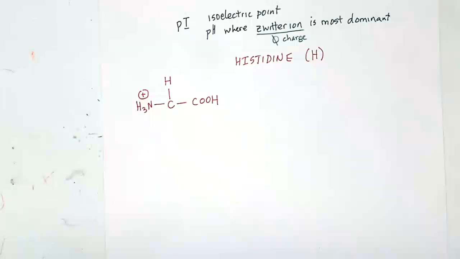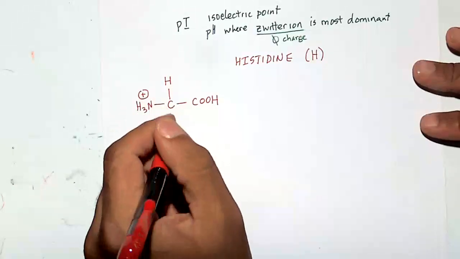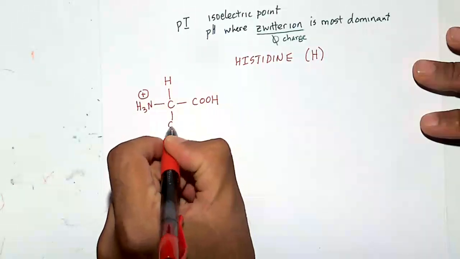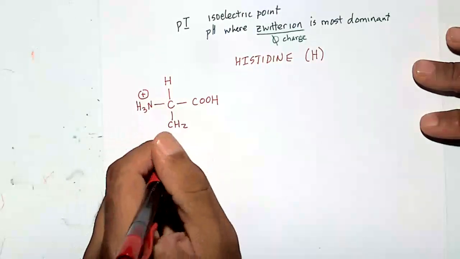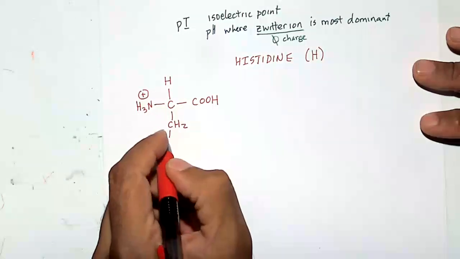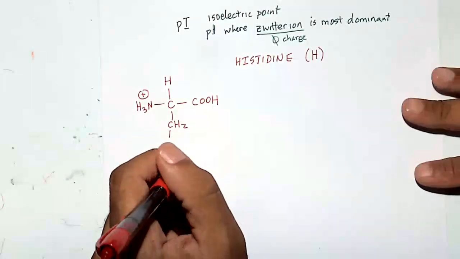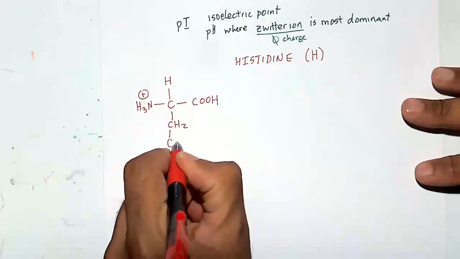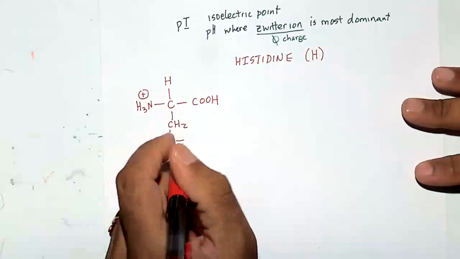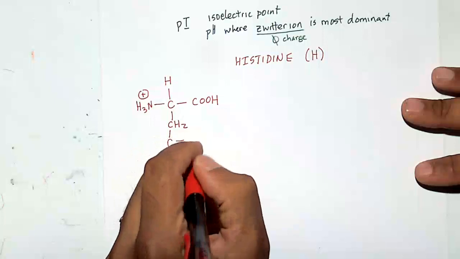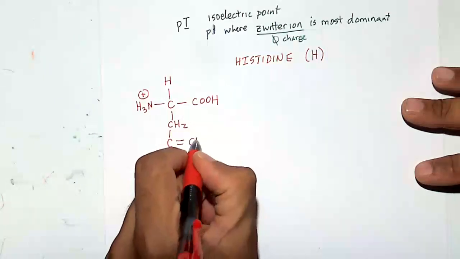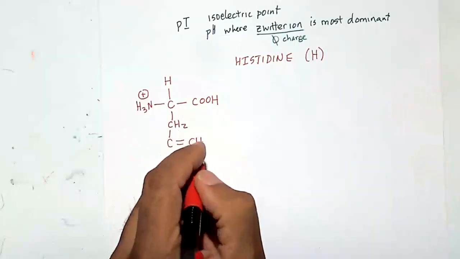So I will draw the structure of the imidazole functional group. CH2. On the exam, you can use your flashcards. But the imidazole functional group is right here. I have a C double bond with the CH.